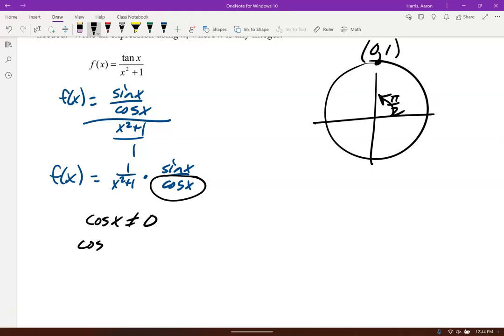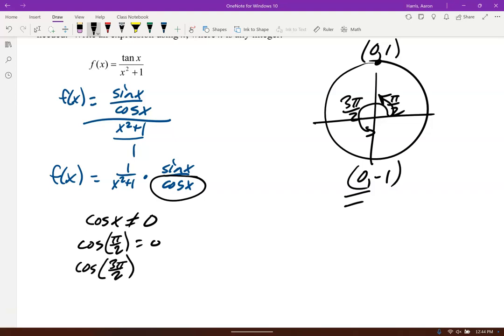I know the cosine of 3 pi halves is also 0, right? The cosine there is also 0. So I start listing. So pi halves, x being pi halves is an issue. 3 pi halves. I could go around again and back to the pi halves.